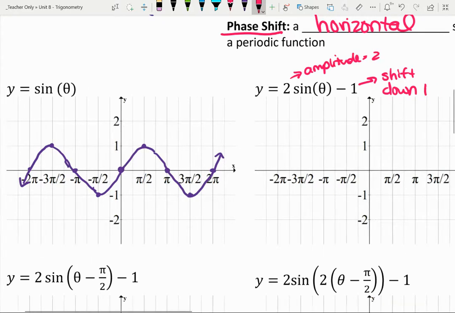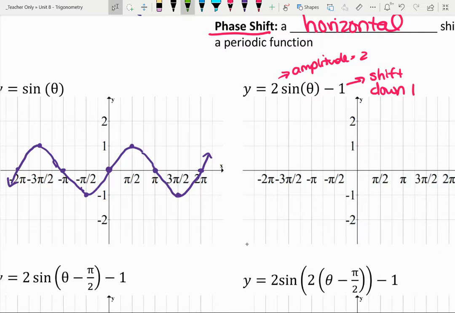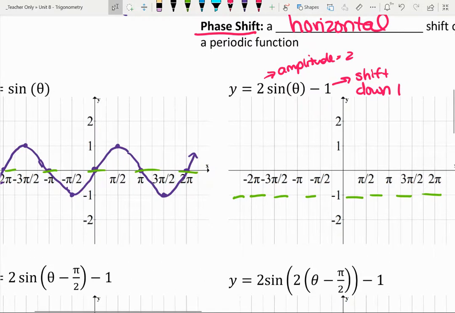So it'll stretch it a little more than our original sine. So my midline, I'm shifting down to -1. For myself, I like that visual so I can see where exactly my maximums and my minimums will be. Everything else will be more or less the same here. It's just how tall those peaks are.